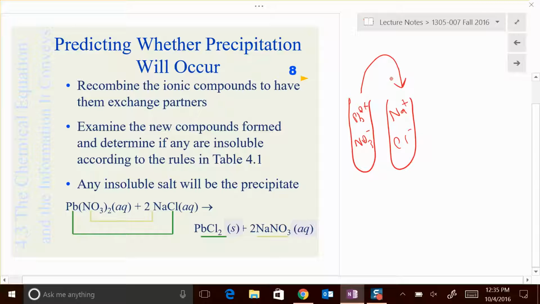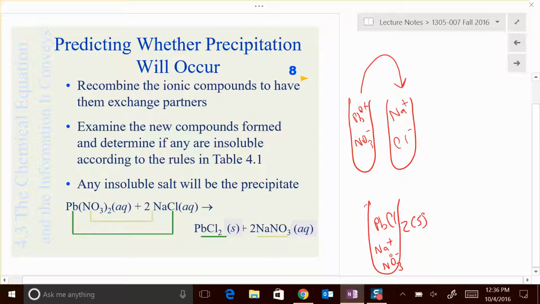And when you mix them all together into one tube, the lead and the nitrate find each other and they form a solid product. Not the lead and the nitrate, that's what we started with. The lead and the chlorine find each other and form a solid product, and the sodium and the nitrate just remain dissolved.